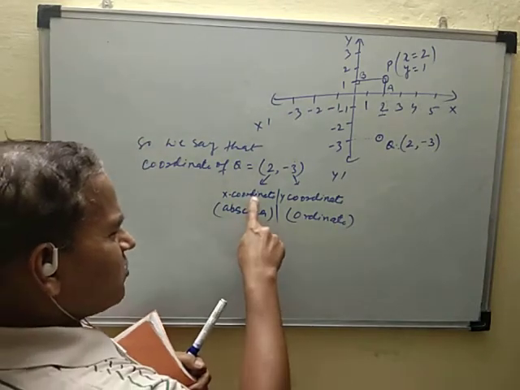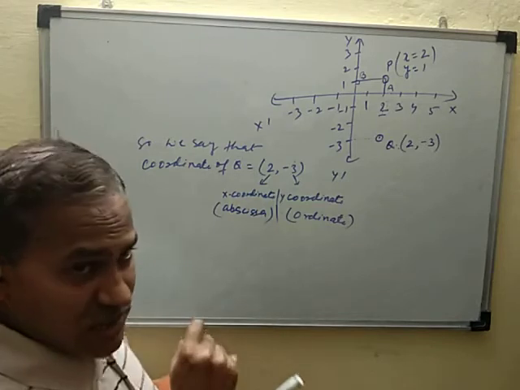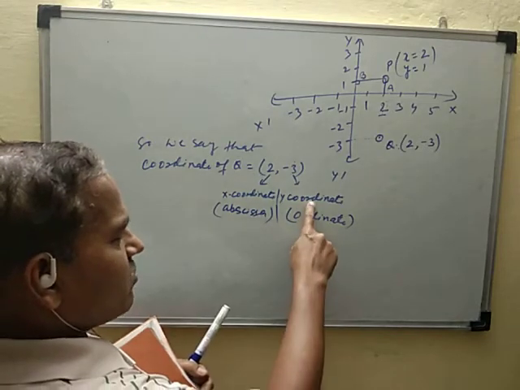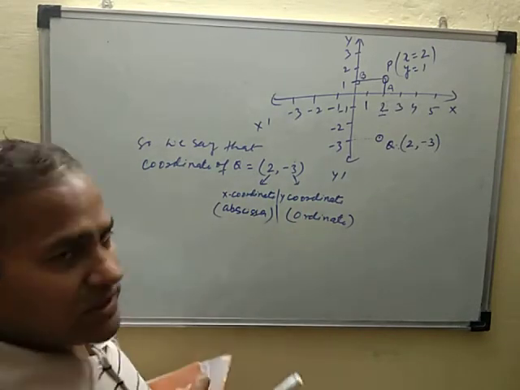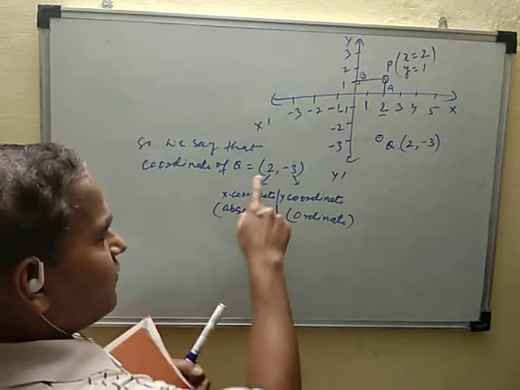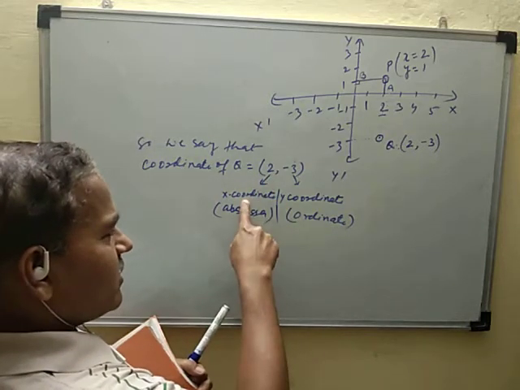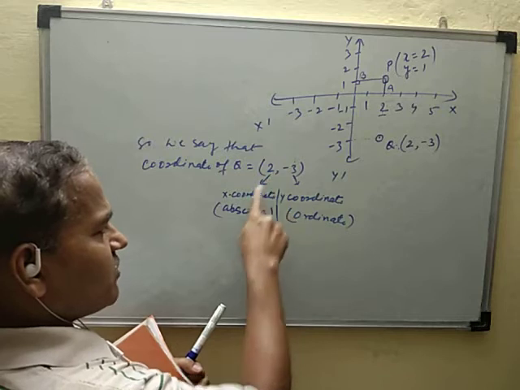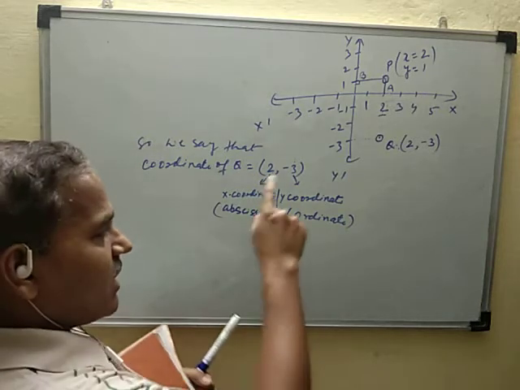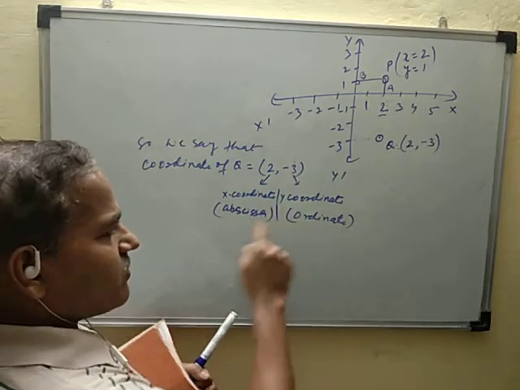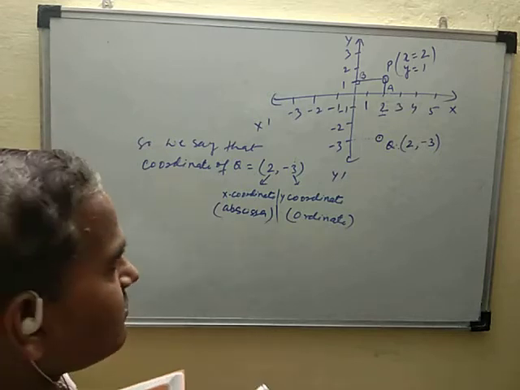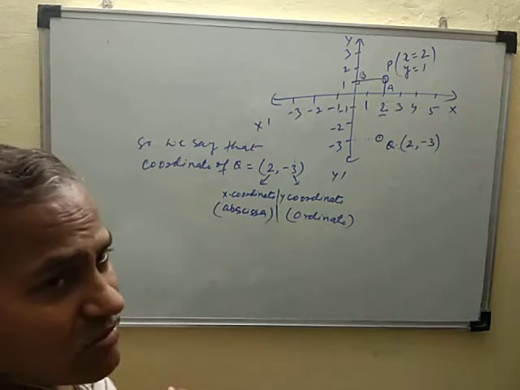That is, x coordinate is called abscissa, y coordinate is called ordinate, and the first number is the x coordinate. So the first number is the value of abscissa and the second number is the value of ordinate. So this is the position of a point.